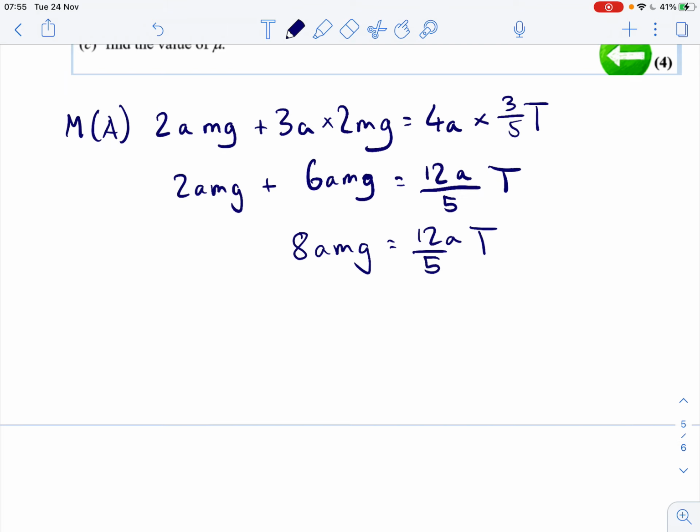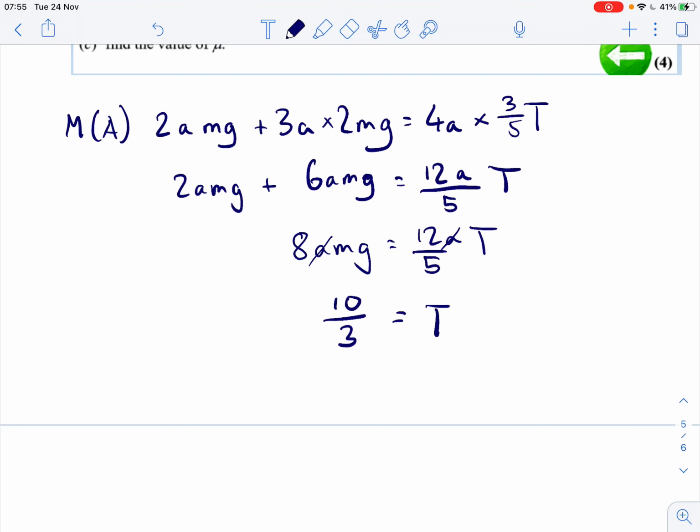Now, A is on both sides, so we can divide through by A to simplify, then multiply by 5 and divide by 12. Let's just use my calculator to do that. I end up with T as 10 over 3.